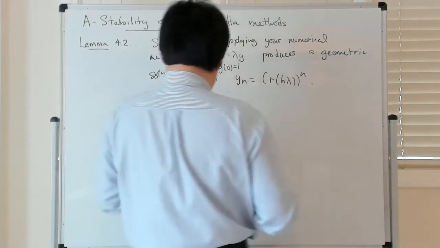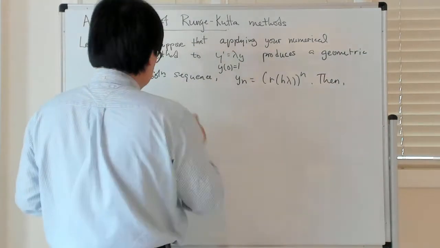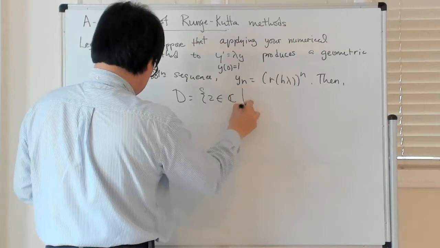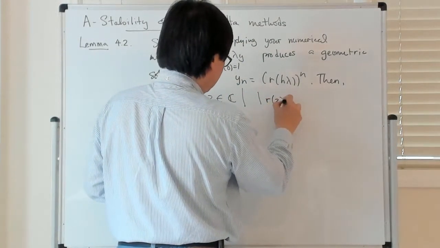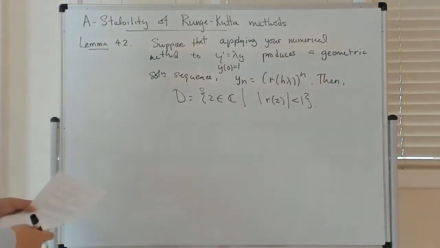Then the claim is that the stability region D has the form of z in the complexes such that the modulus of R(z) is less than 1.